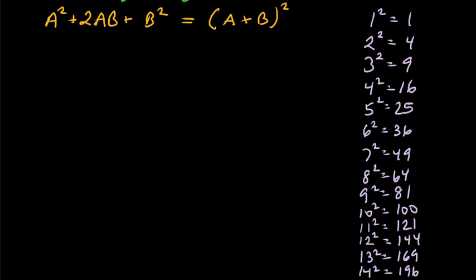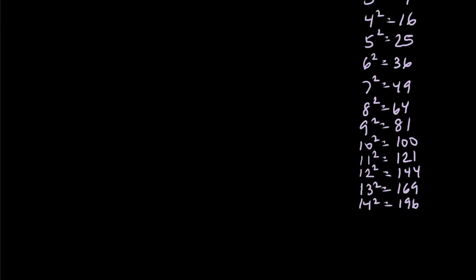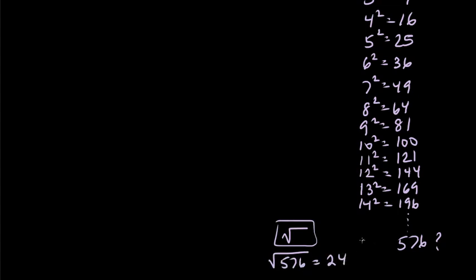If you want to know if a number is a perfect square, like let's say you get a really big number, like 576, is that a perfect square? So on your calculator, you see this little square root button. If you take the square root of 576, you should get 24, which means 24 times 24 is 576.